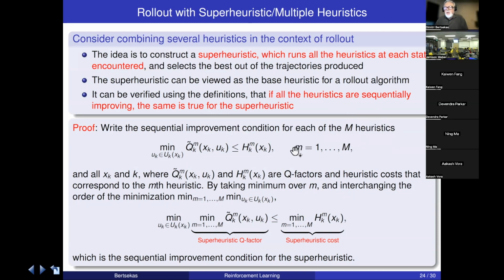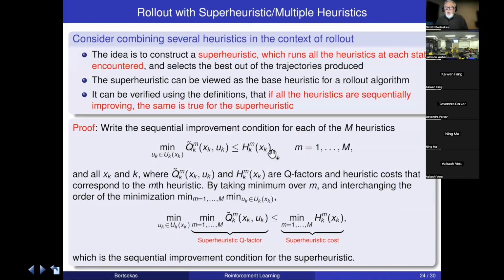The typical one corresponds to little m, and the sequential improvement condition for the m-th heuristic is this one. This corresponds to the cost of the m-th heuristic from x_k, and the Q factor corresponding to a pair x_k, u_k, again for the m-th heuristic, and the sequential improvement condition is precisely what you see here.